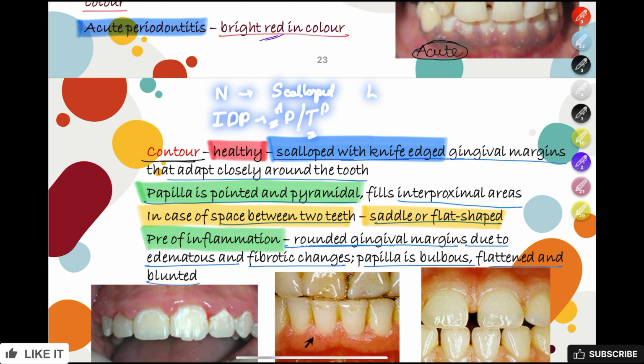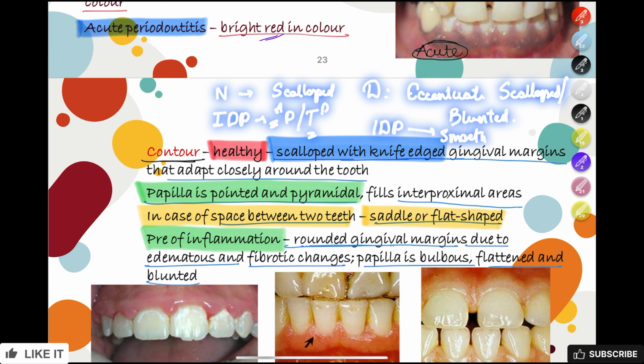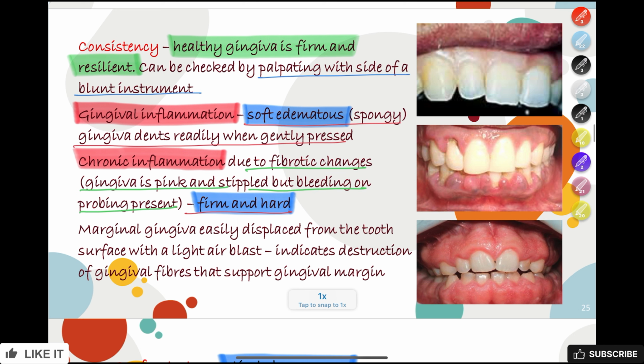In diseased condition, we can write accentuated scalloped or blunted, and the interdental papilla, we can write smooth or rounded or flat.